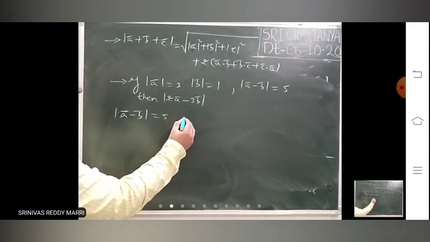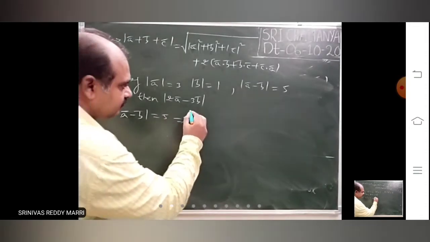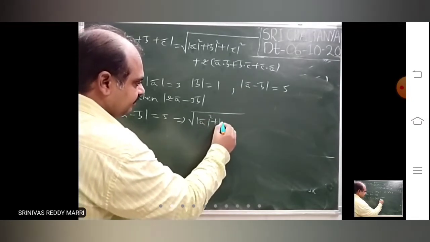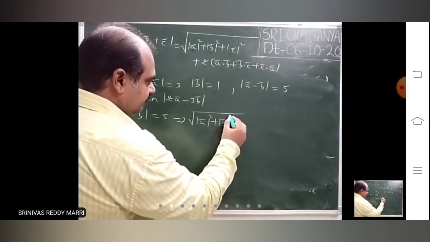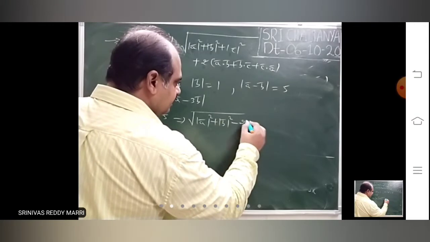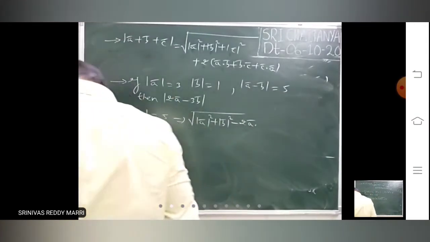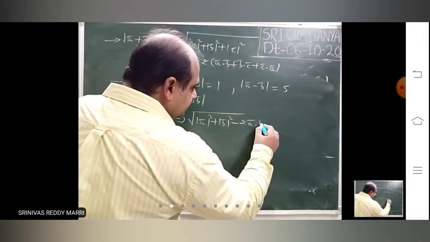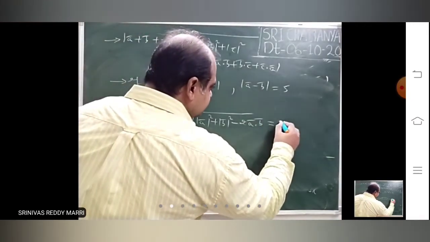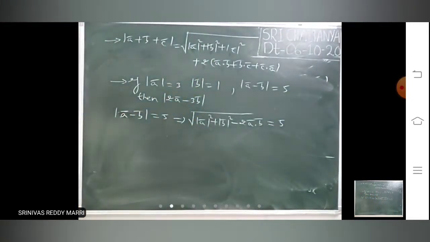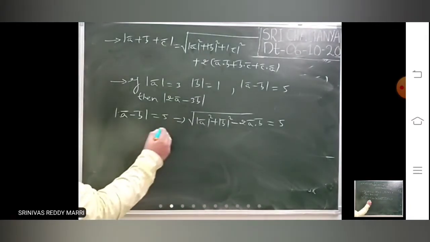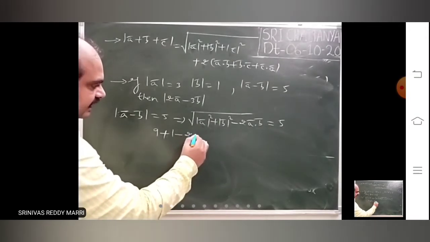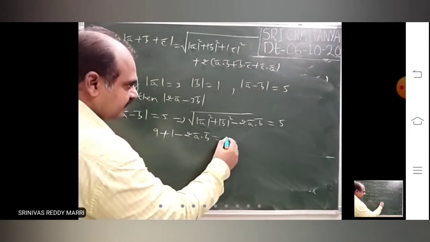So this is 5, given. What is this formula? Root of modulus a bar square plus modulus b bar square minus 2 into a bar dot b bar is nothing but 5. Square on both sides. Substitute: this is 9 plus this is 1. I want to calculate a dot b.